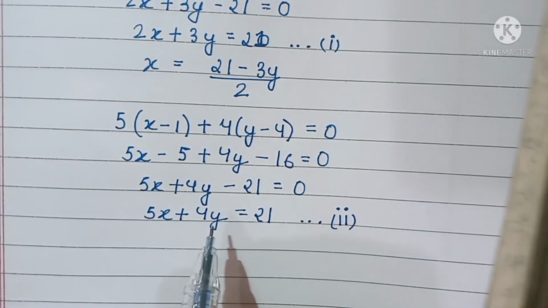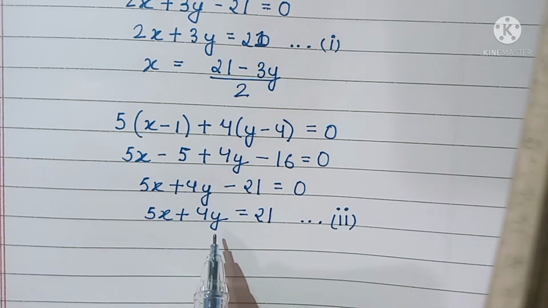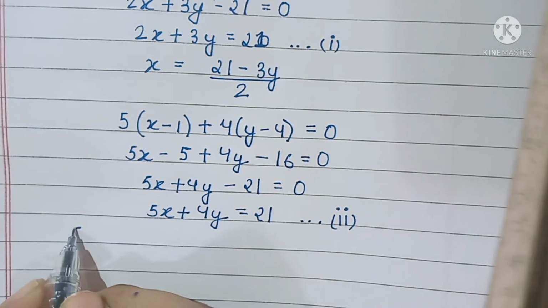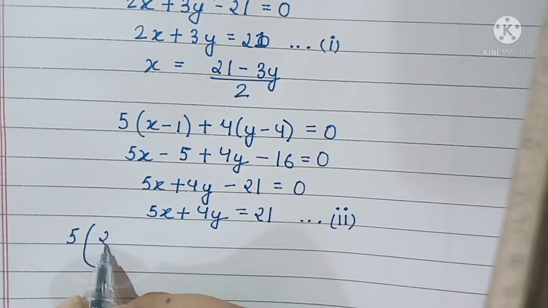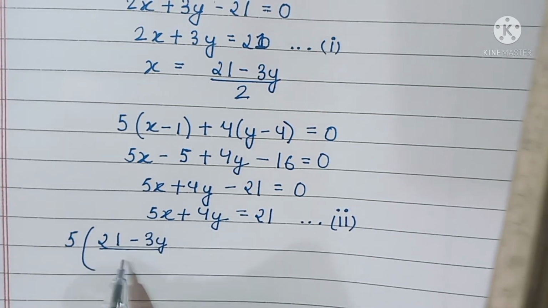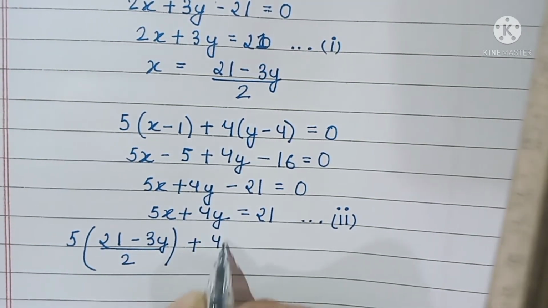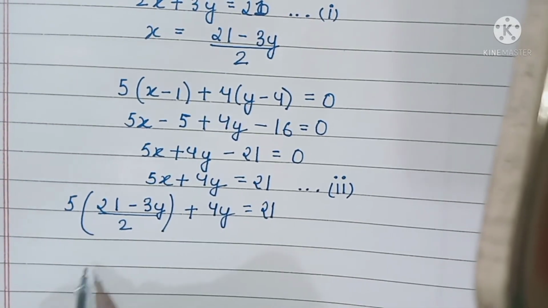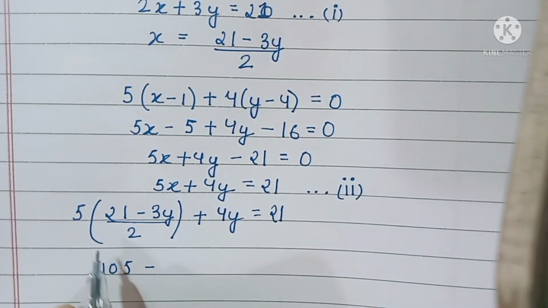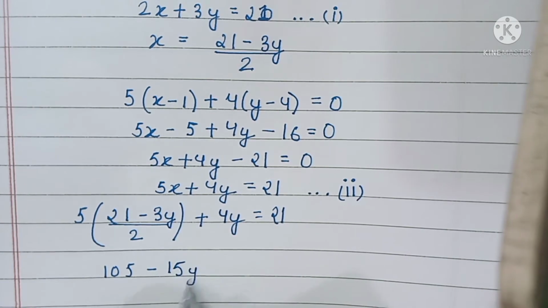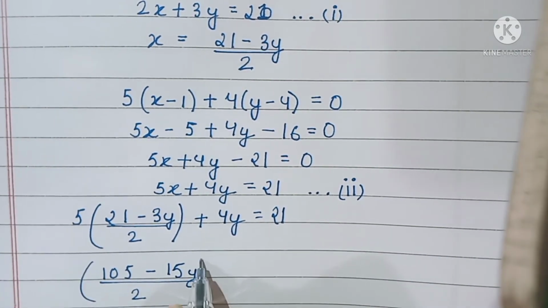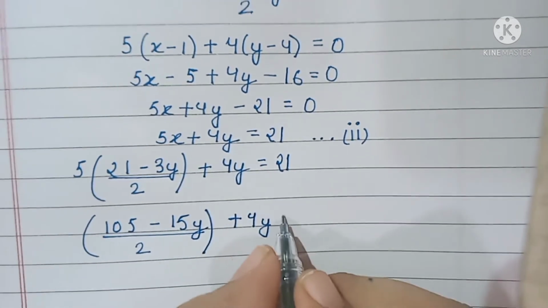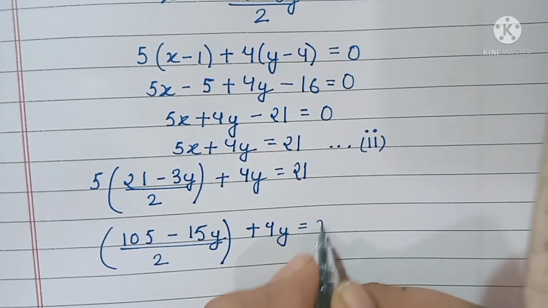Now we will put the value of x in the second equation. We will put (21 minus 3y) upon 2 in this equation. 5 times the value of x, (21 minus 3y) upon 2, plus 4y is equal to 21. 21 into 5 is 105 minus 5 into 3 is 15y upon 2 plus 4y is equal to 21.